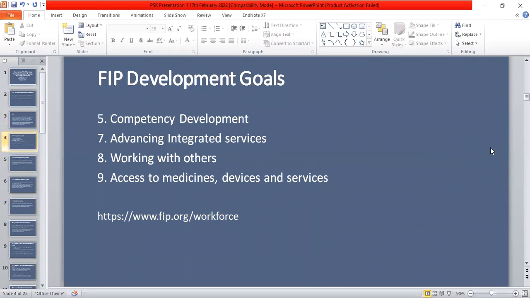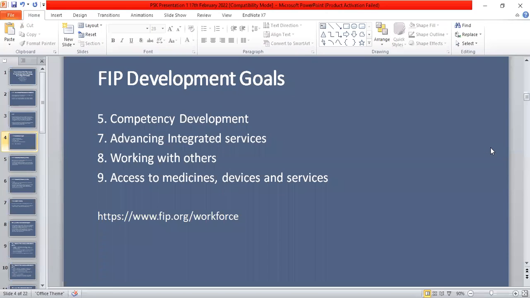That is competency development, and advancing integrated services, which is something that is very, very important now: integrating services so that the community pharmacy or your pharmacy is able to provide a comprehensive service over and beyond products, so that the patient or the client is able to get more than just what money can buy in terms of what is there in the brown bag.